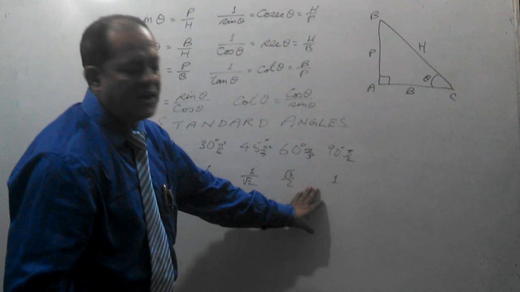So once this is getting cancelled, sin A plus B plus sin A minus B will give us 2 sin A cos B. So here we can write from here 2 sin A cos B is equal to sin A plus B plus sin A minus B. So here comes your 15th formula.